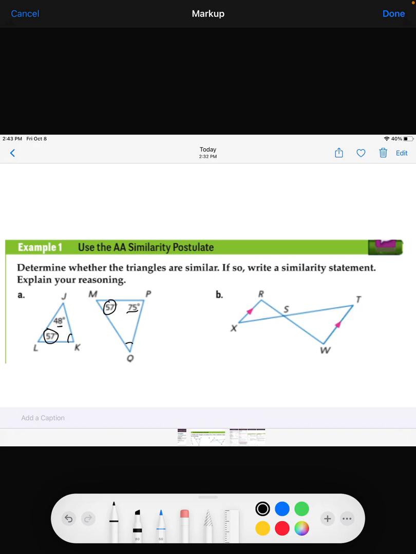So K, to solve for K, we know that a triangle adds up to 180 degrees, so 48 plus 57 plus K equals 180. 48 plus 57 gives us 105, plus angle K equals 180. Subtract 105 from both sides, and we get angle K equals 75.